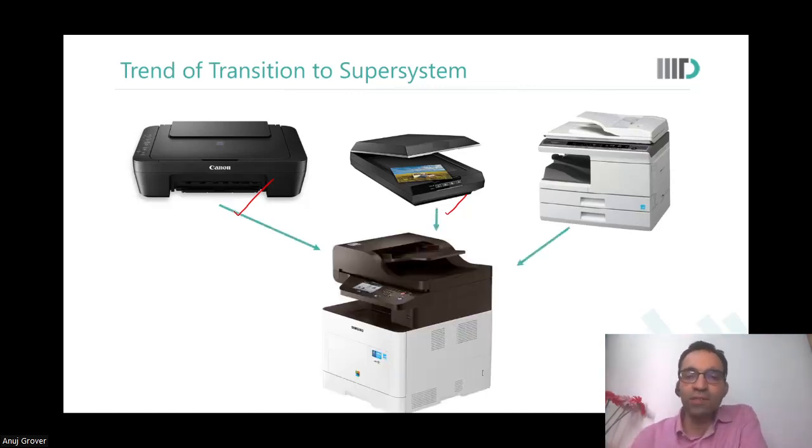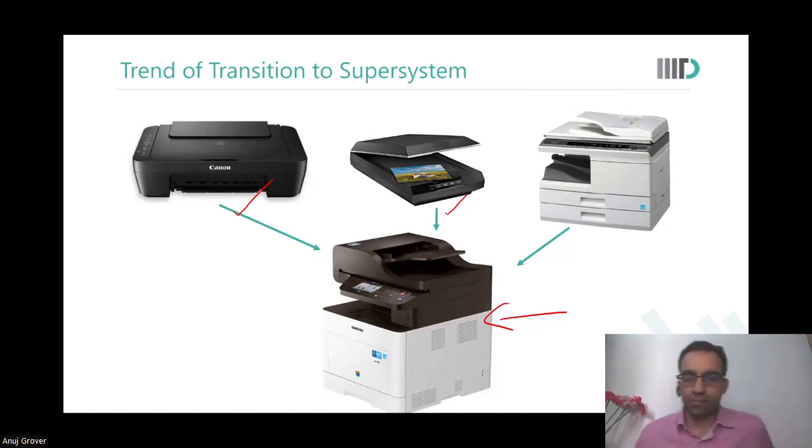Today you have an office all in one, which does the function of fax, scan, and printing, all in one. So an office which had 5 different components in there today has just one product, and this one product does everything in one go. So this is called the trend of transition to super system.